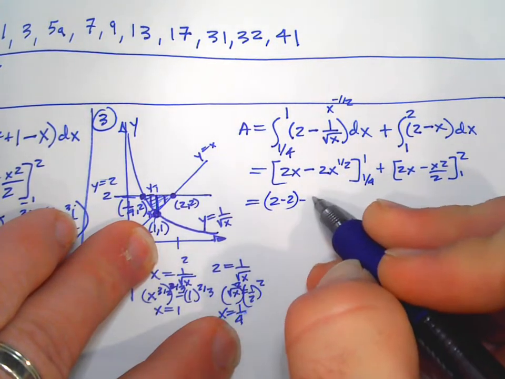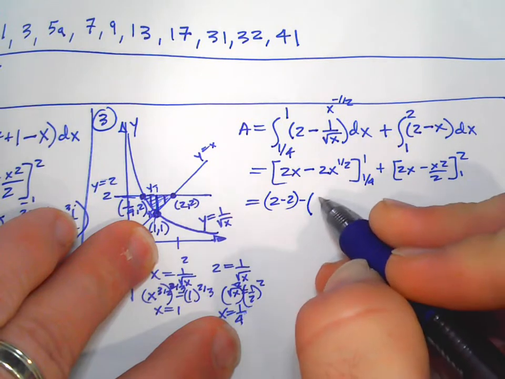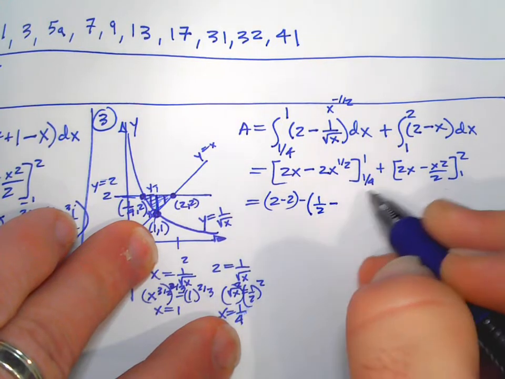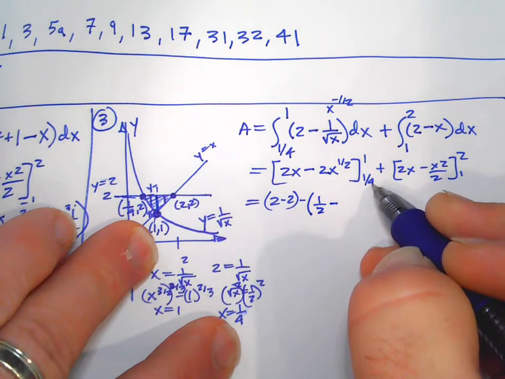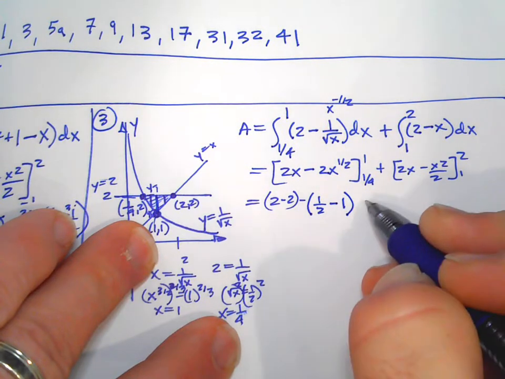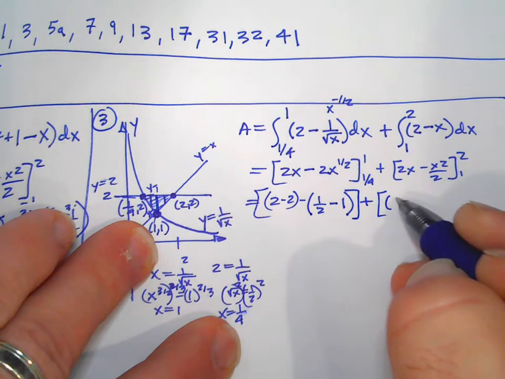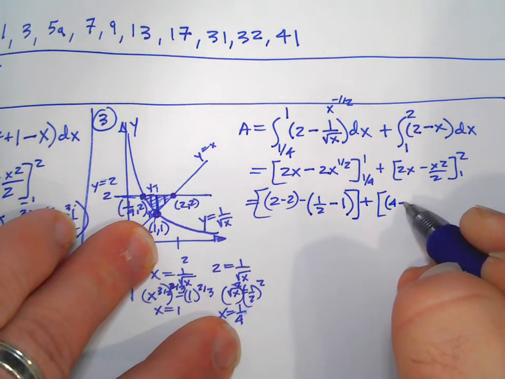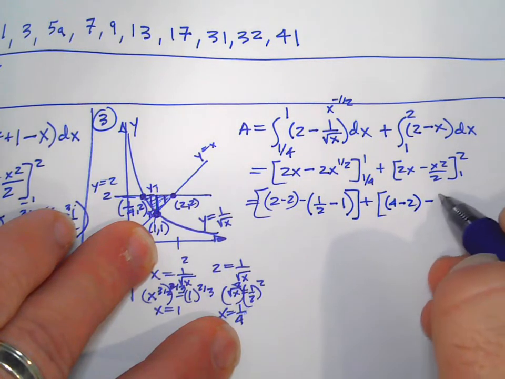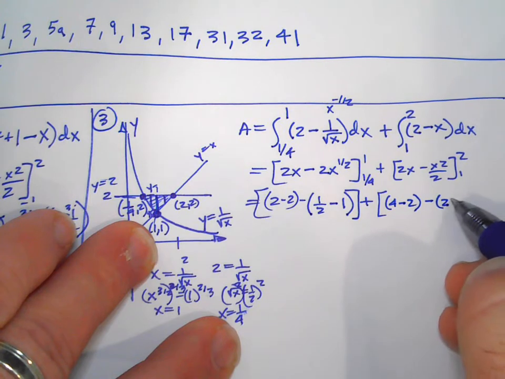Plug 1/4 in, you're going to get 1/2 minus the square root of 1/4 is 1/2 minus 1. So that's the first one. And then here we're going to get 4 minus 2 minus 2 minus 1/2.